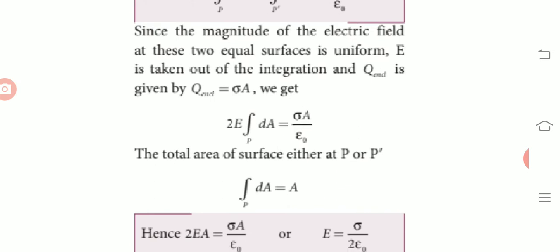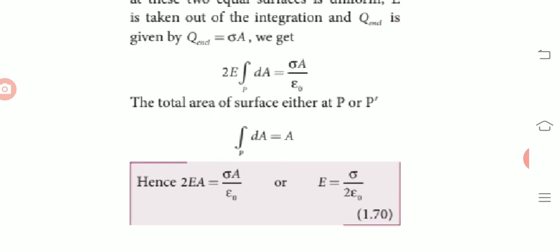The total area of the surface is the same at P or P dash, that is, the integral of dA equals A, the area of the Gaussian surface. Hence 2EA equals sigma A divided by epsilon naught, or in the final equation, E equals sigma divided by 2 epsilon naught.